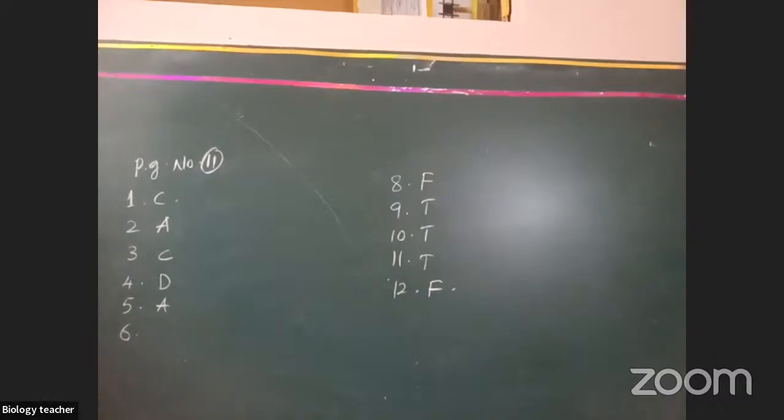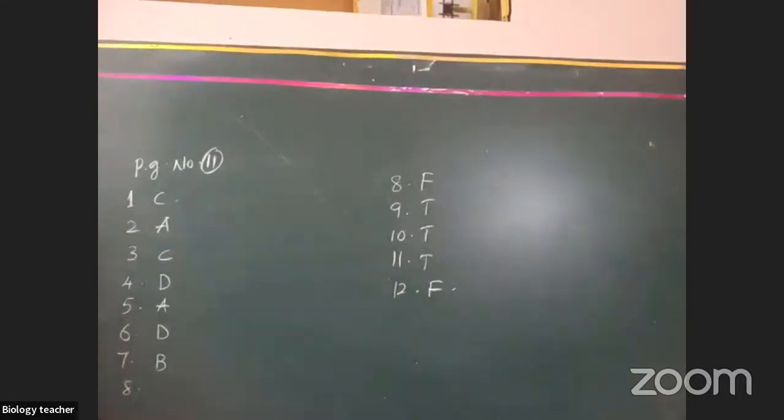D. Next. In prokaryotes, the nucleus is known as what? Nucleoid. Amoeba acquires its food through a process termed as, what is that? Exocytosis, endocytosis, plasmolysis, exocytosis and endocytosis both. So answer is B.